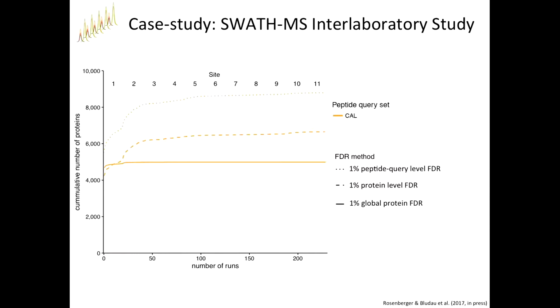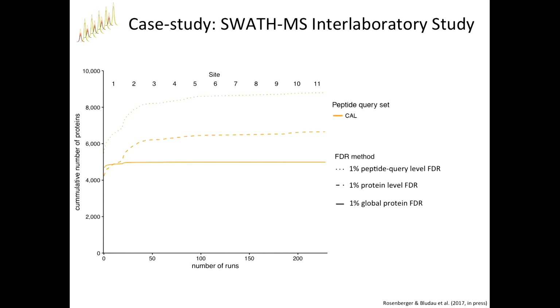So this you shouldn't see. If we then say, okay, we control the error on the protein level, you see that you're getting much fewer protein detections, but you still accumulate detections across runs. And if we set the global protein FDR threshold, then you see we can find a consistent set of protein targets and avoid error accumulation across this large data set.